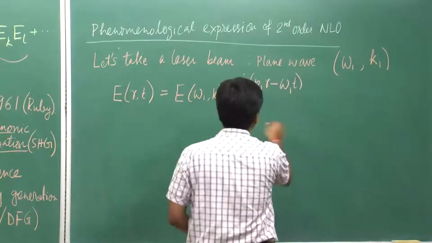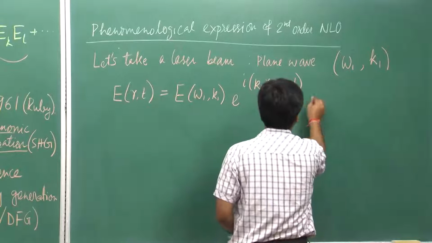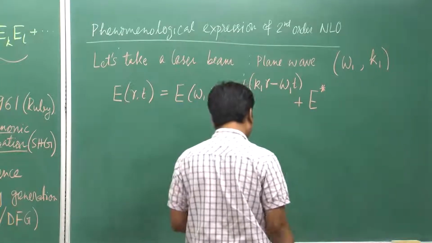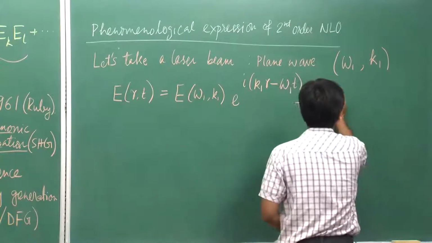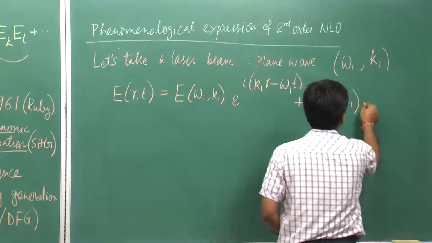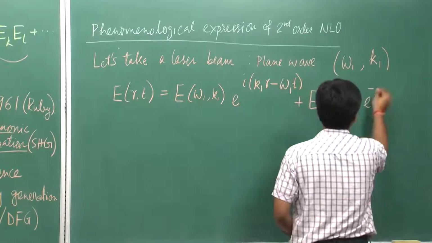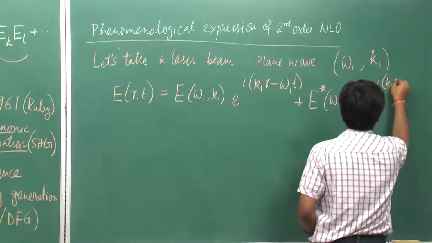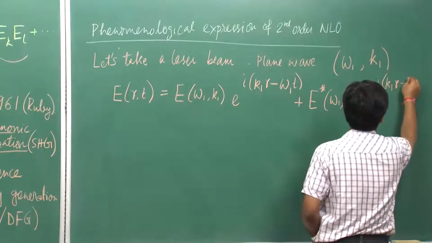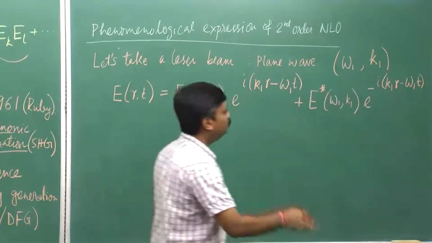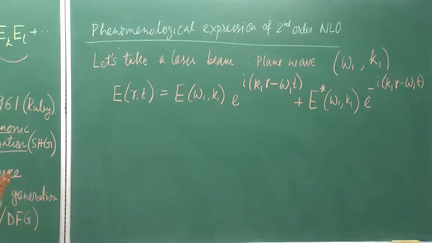Now, in general, when I have to write, I take the complex conjugate of the electric field, so again omega 1, k1, and the complex conjugate of the other part, that is minus k1 r minus omega 1 t. Okay. So, here there is no confusion, we already know these things.